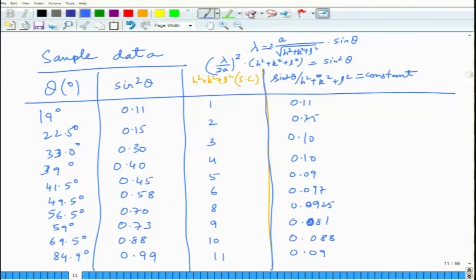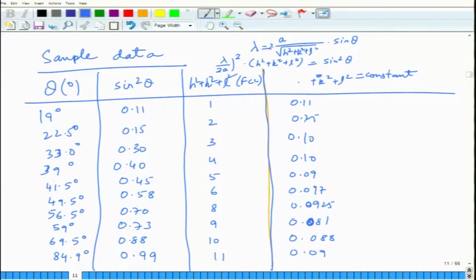Now, let us examine sin square theta divided by h square plus k square plus L square for BCC. If you examine for BCC, again you will see that it will not be equal. It is only when you examine it for FCC. BCC you can do yourself, I will do it for FCC.